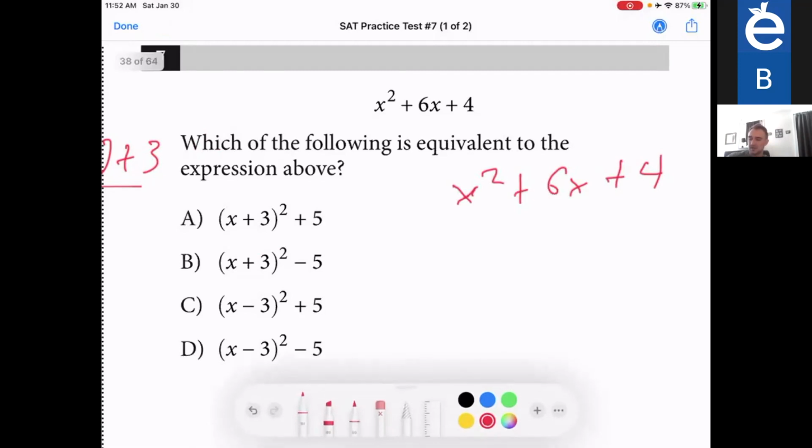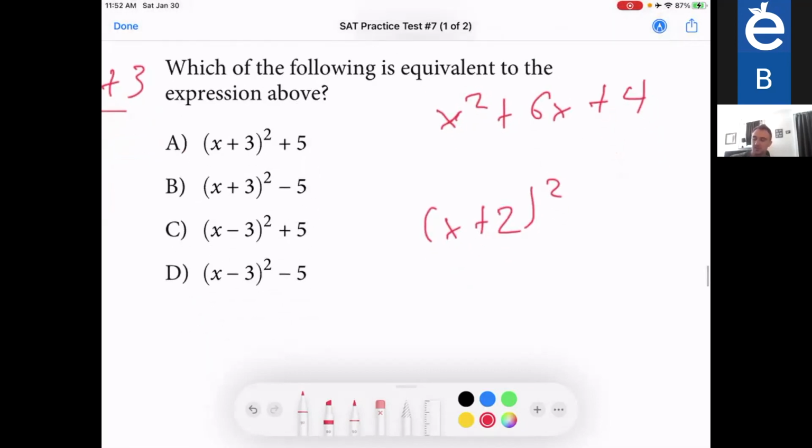So let me take an example here. Let's say I have x plus 2 squared. Once again, this is just an example to refresh you about completing the square. The short way of doing this is I can square the first term, so I get x squared. I'm going to take the product of the inner 2 terms, so x times 2 would be 2x. I'm going to double it, plus 4x, and then square the second term, 4.